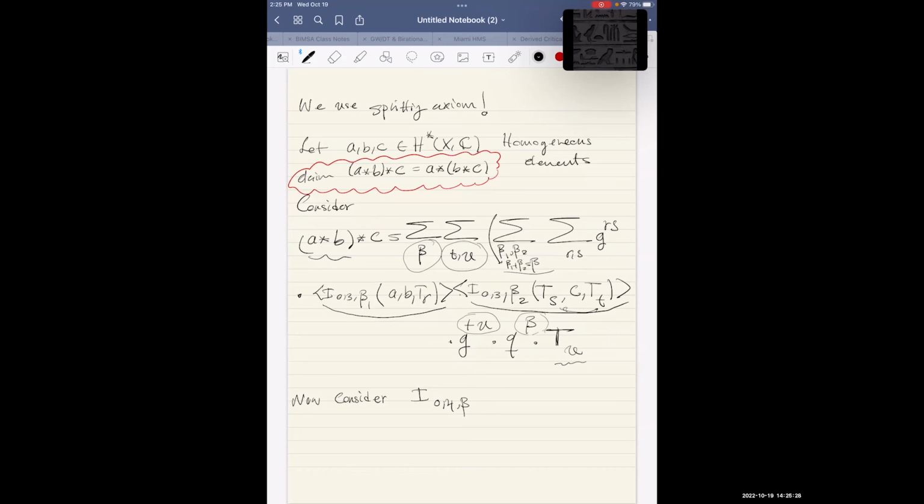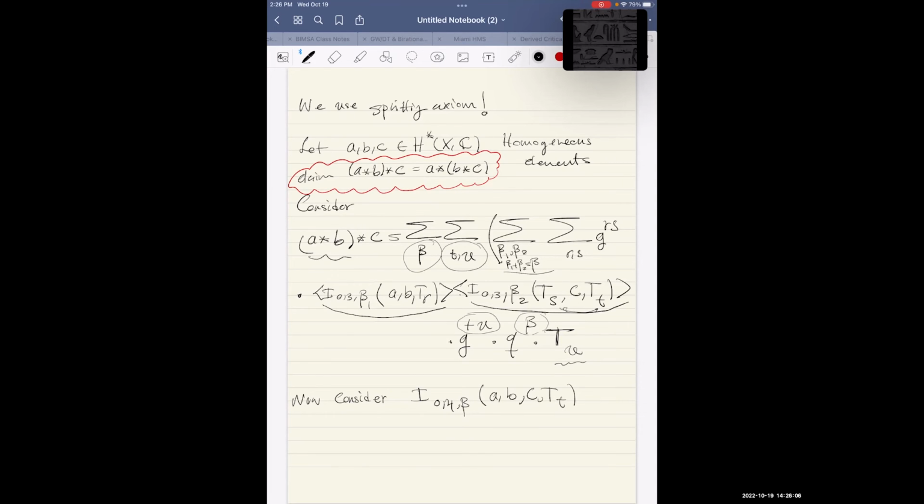And I'm looking at curves that basically have curve classes beta 1, beta 2, and I'm adding over all of the possible curve classes beta 1, beta 2, such that beta 1 plus beta 2 is equal to beta. So it seems to us that there is a curve with class beta, and we are splitting it. Okay, so let us see how we can cook that up as a map. So consider this I04 of A, B, C, and T of T.